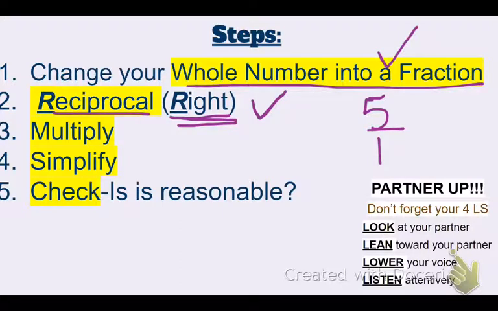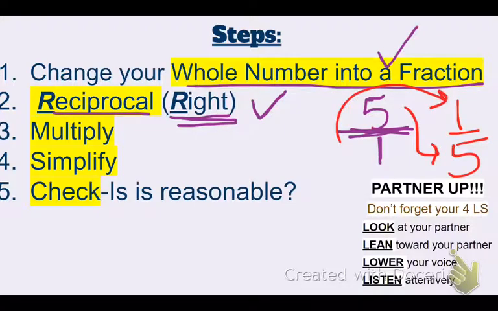So step 1, create that whole number into a fraction by putting a 1 underneath. Step 2, this is the reciprocal. This is where you actually put 1 on top and 5 on the bottom. So I put that 5 as the new denominator and 1 as the numerator. Okay, so 1, make that whole number a fraction. Step 2, create the right reciprocal.